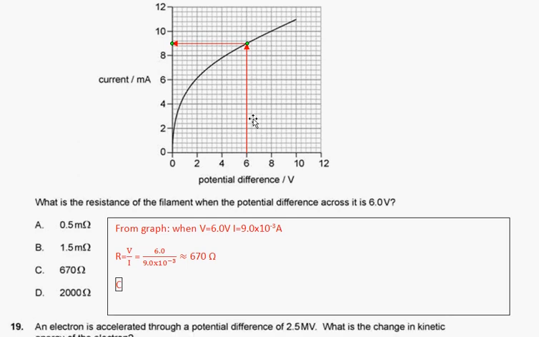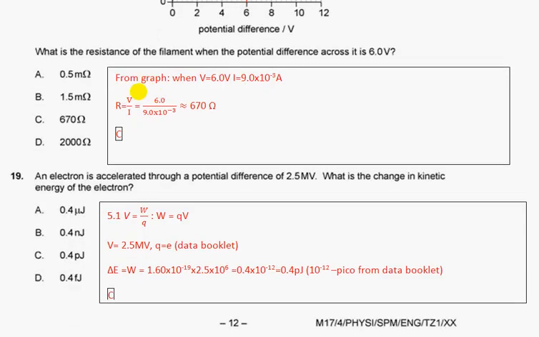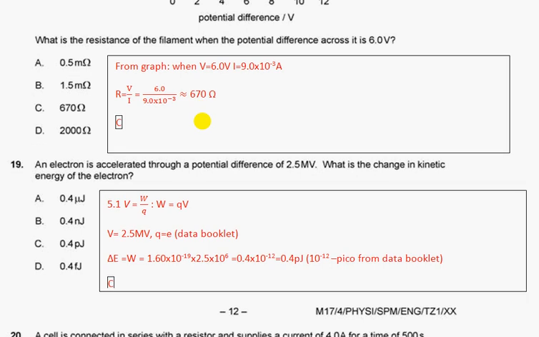So we copy this information from the graph: V equals 6, I equals 9 milliampere, 10 to the minus 3. Resistance is always voltage divided by current, and you should get this expression. 6 over 9 times 10 to the minus 3 becomes 6000 over 9, which will give us this value.